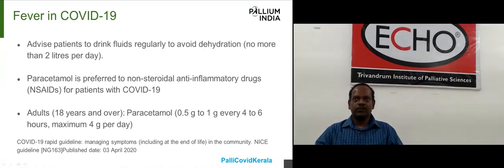And they also advise to take plenty of water to avoid dehydration, but not more than 2 liters per day. The dose of paracetamol is 0.5 to 1 gram every 4 to 6 hourly, and the maximum daily dose is 4 gram per day. So paracetamol is the favored medication to treat fever in COVID-19.